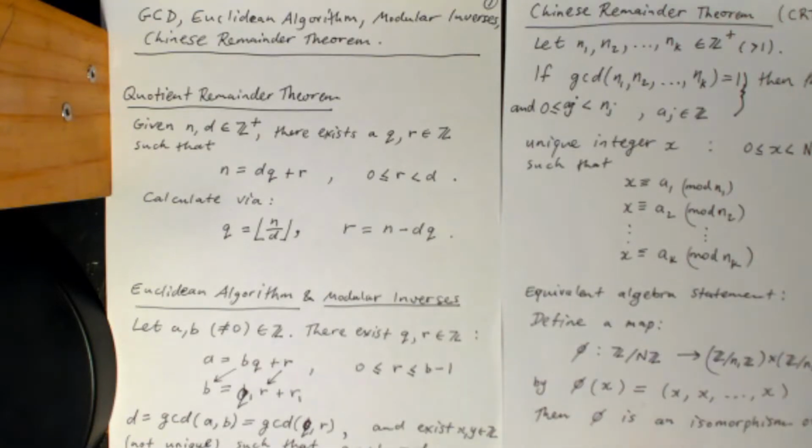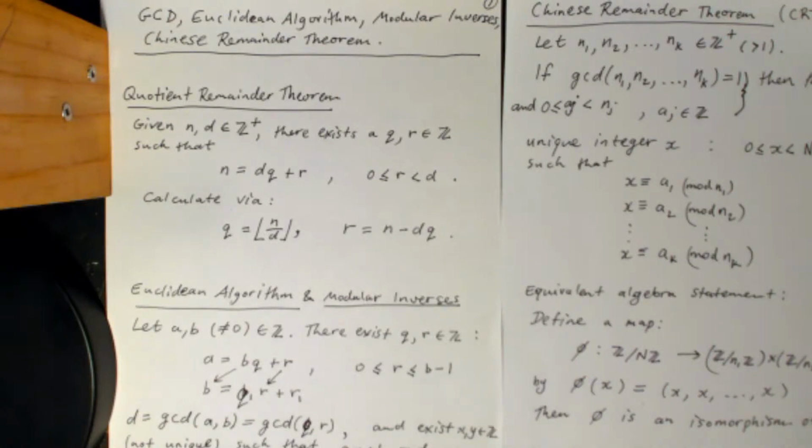We carry this out until we get a 0 for the remainder, and we know then that we're done, and we can state that the number above that is going to be the GCD.